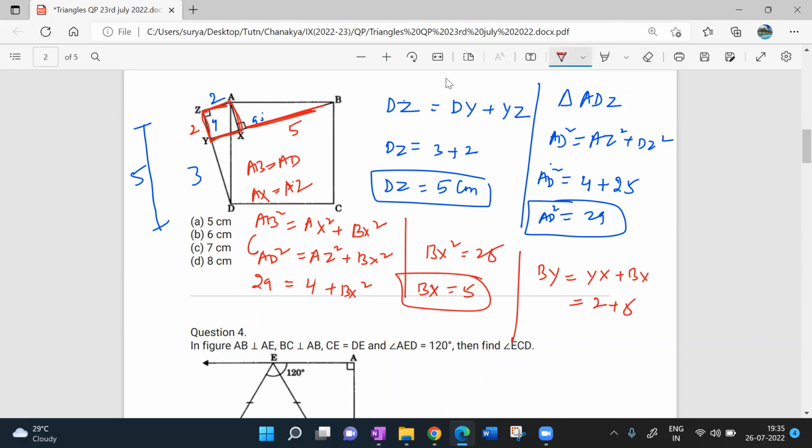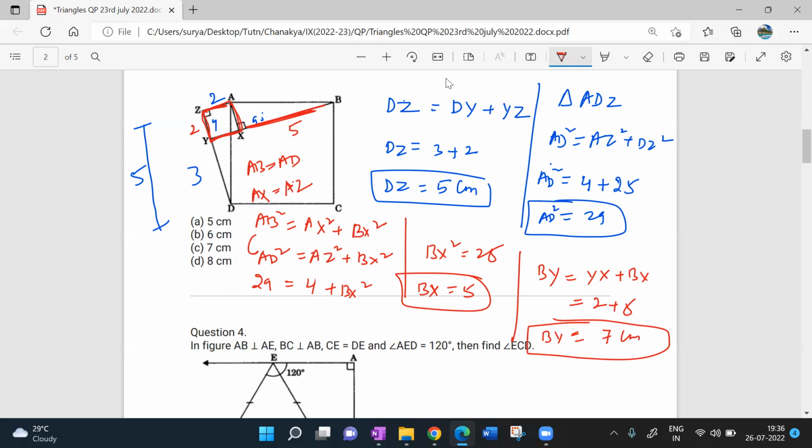Sir, we can tell that these two are congruent, right? No, we can't, because it's SSA, I think. Which two? Triangles AZD and AXB. We can't say it, it's SSA.